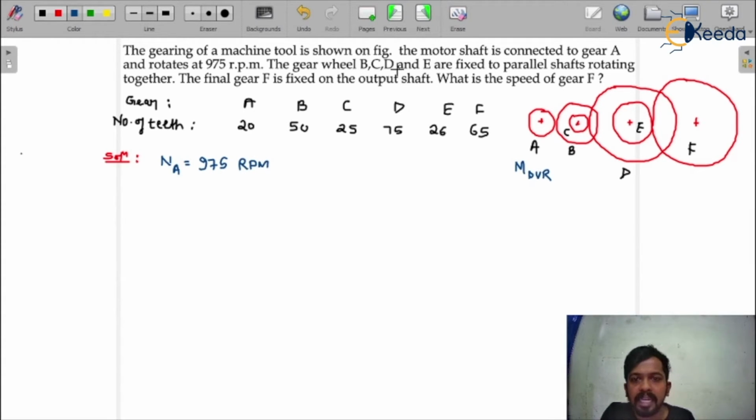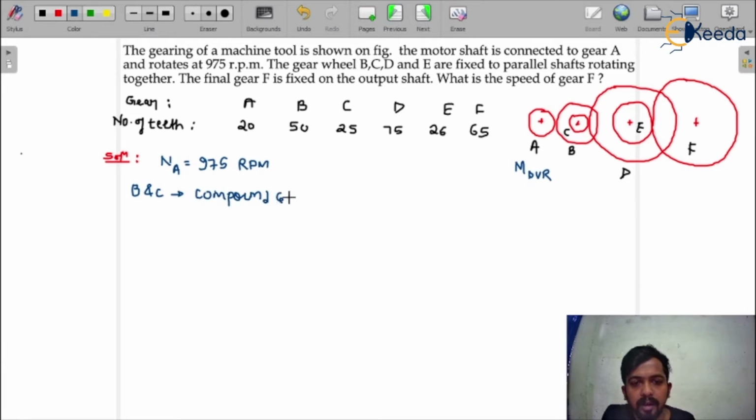The gear wheels B, C, D, E are fixed to parallel shafts rotating together. B, C and D, E are compound gears. So I'm writing here B, C and D, E, because both pairs are mounted on the same shaft, so we can say this is the compound gear train.